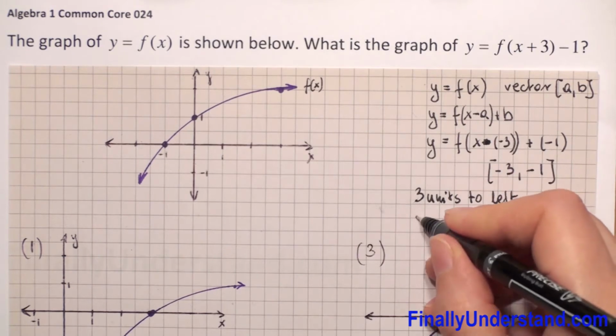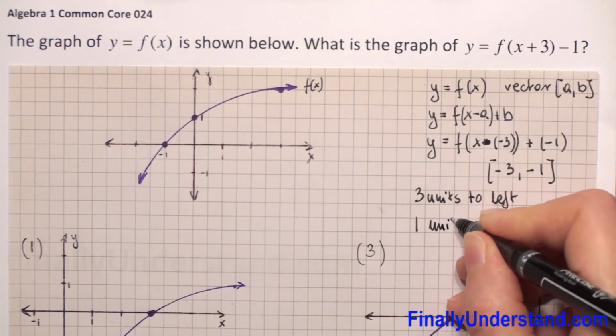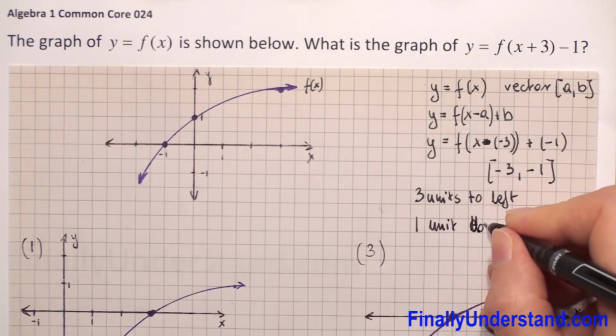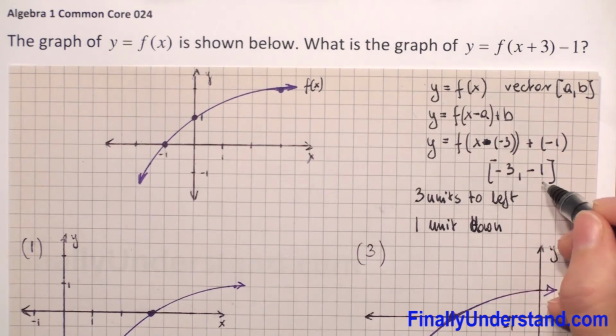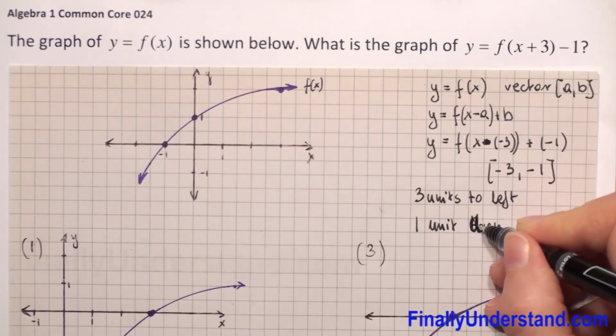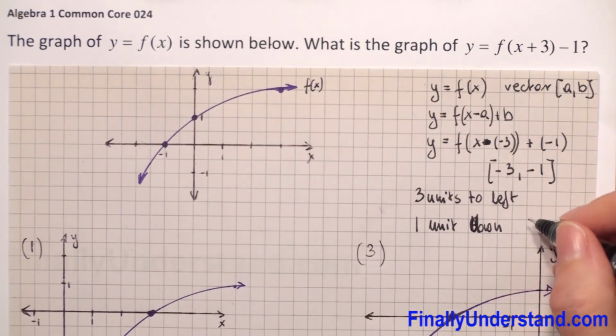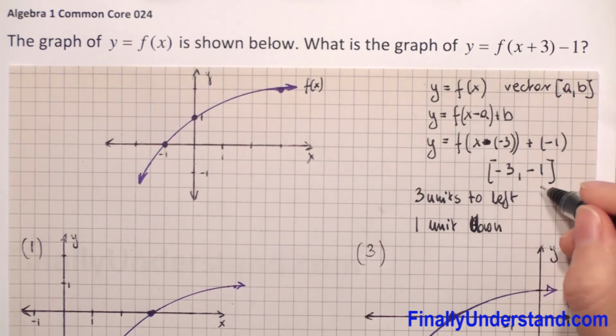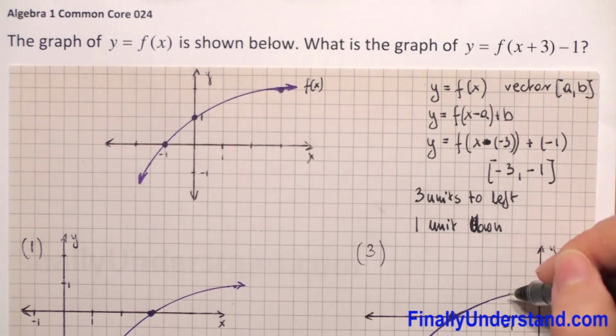We have one unit down. The second coordinate always tells us how many units we move up or down. When it's a positive value, we move up. When negative, like here, we move down.